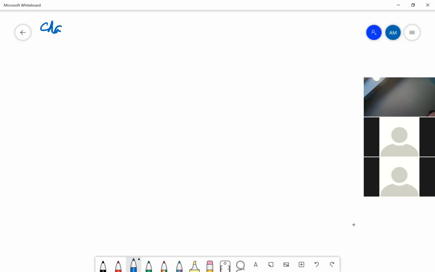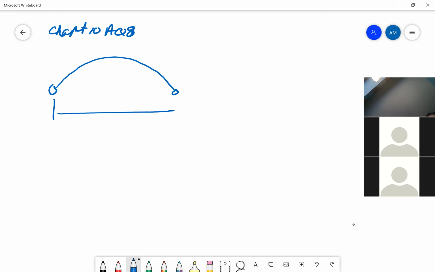So chapter 10, question 8. The ball's kicked a horizontal distance. It's a projection angle. We are assuming that it's going to land and take off at the same height, so that the projection height is 0.